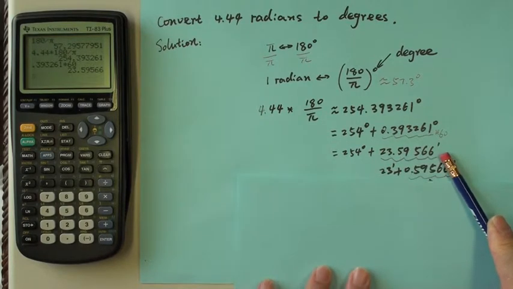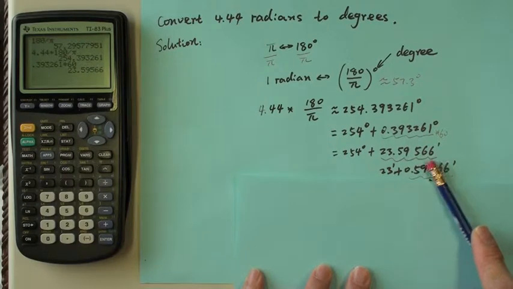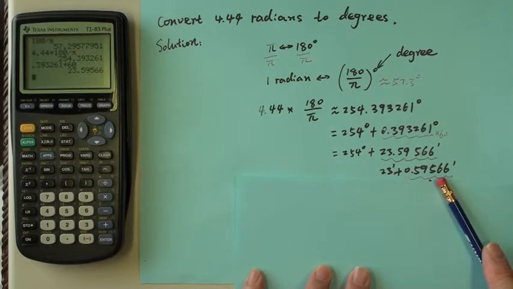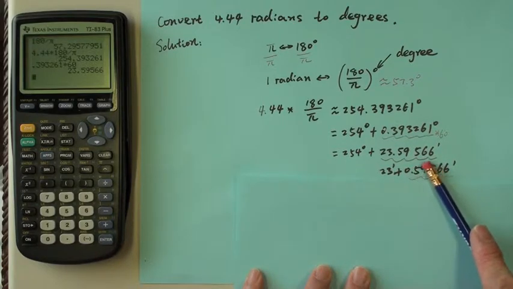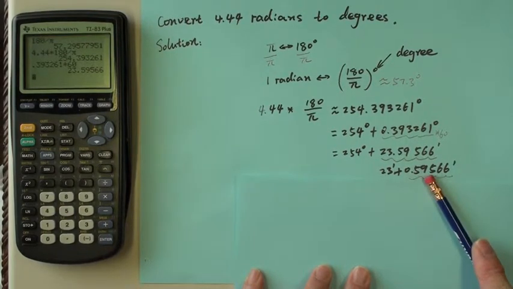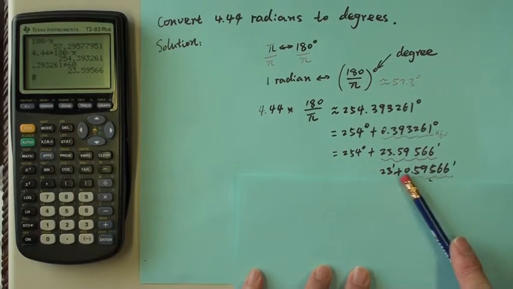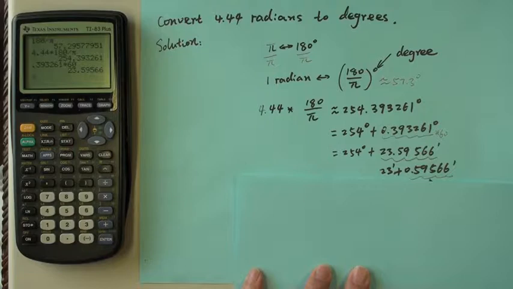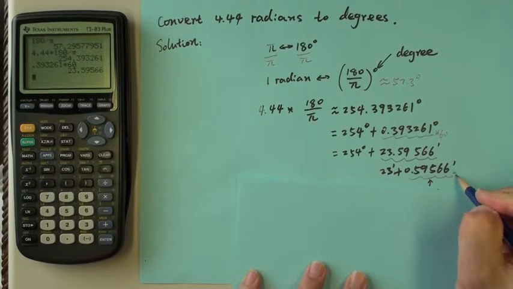Again, 23.59566 is the sum of these two numbers. This is less than 1 minute, so we'd like to convert this one to seconds. 59.5 something is quite close to 1 minute. Now down here we'd like to convert this one to seconds. So this number needs to be multiplied by 60.